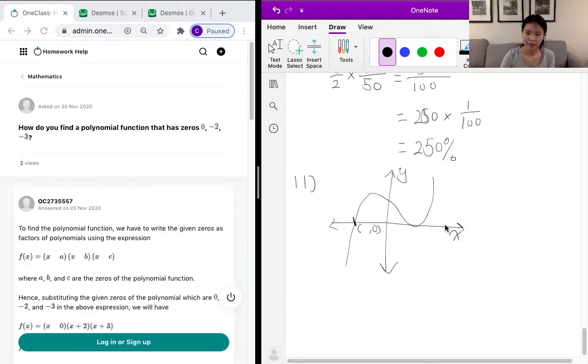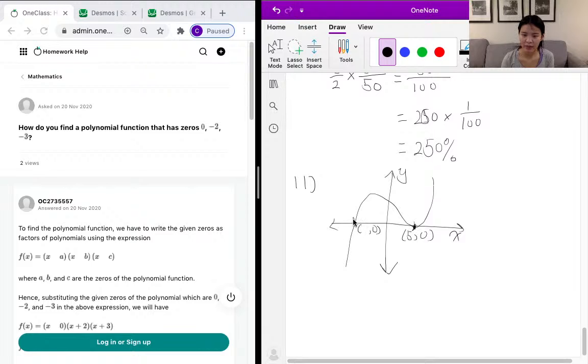So we know these points over here, they are both zeros because that's where it crosses and touches the x-axis. In this case, we know that the x is something like, maybe let's just say it's 5 because it is positive.